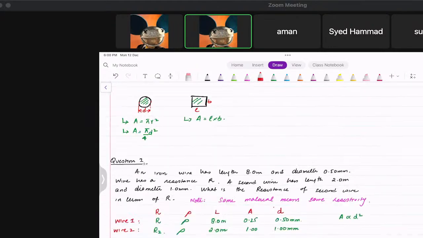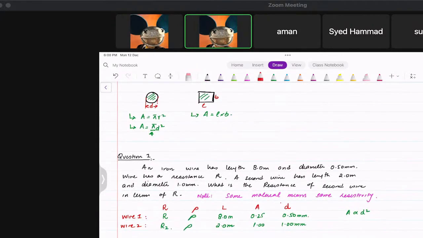Then we did this question where, if it's a ratio question, you need to make a table, right? For example, it said an iron wire is the length of this, and they're made from the same material. So the things we need are resistance, rho, L, A, and D is given, so we included that.